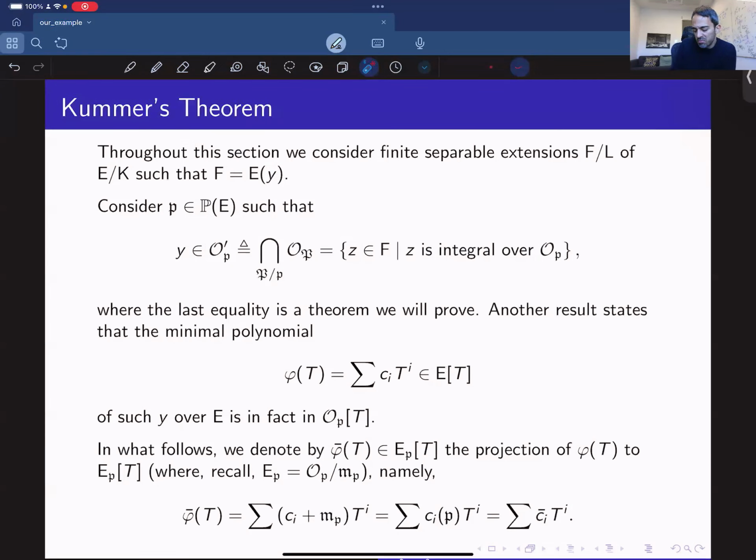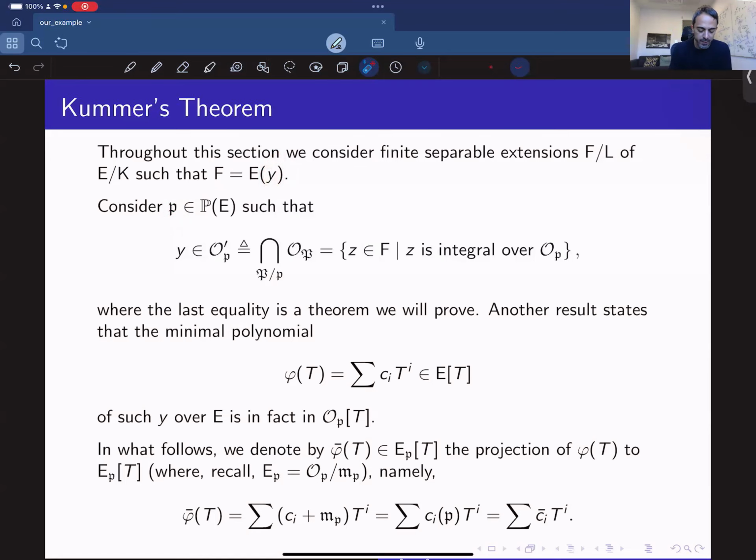But anyhow, just assume, even if you don't know that, that we are in a situation where F can be generated by one element, let's call it y, over E. Okay. And now let's consider a prime divisor p in E over K, a prime divisor that lies below. And you should think of what we're trying to do as figuring out what the prime divisors above p are. And we are going to use y to do it.